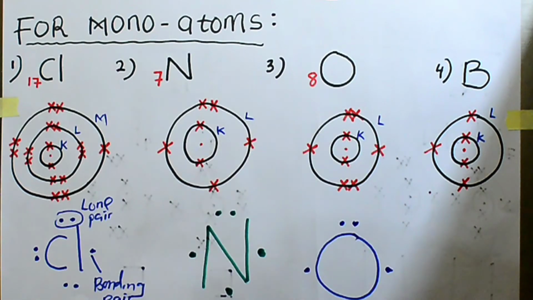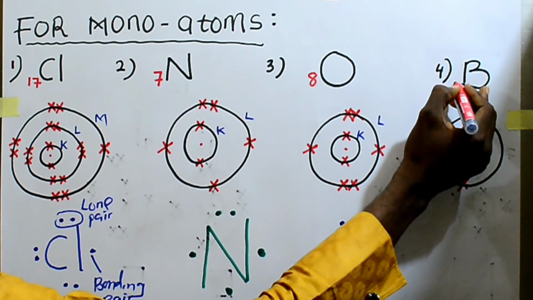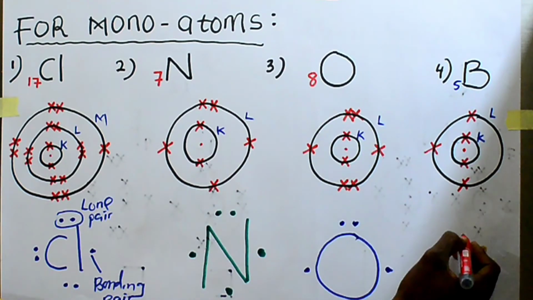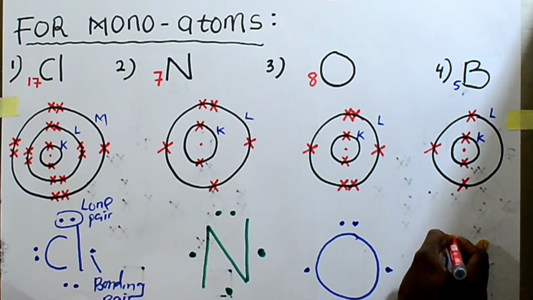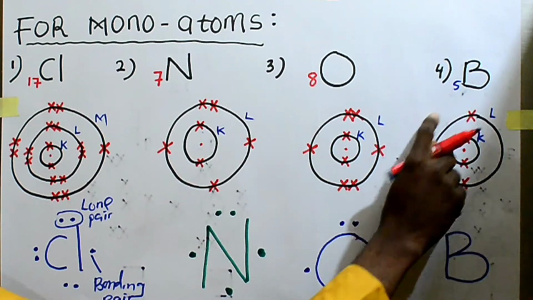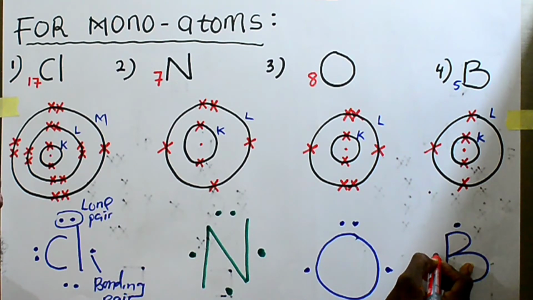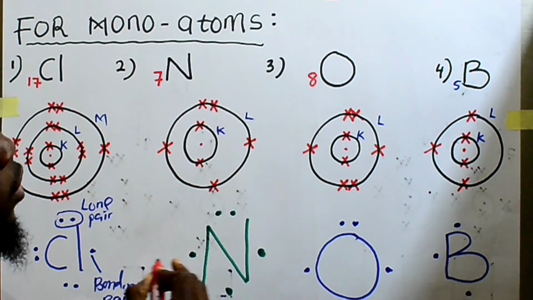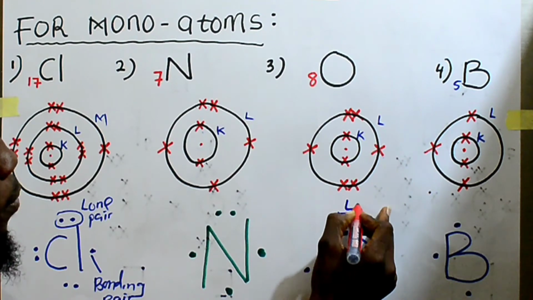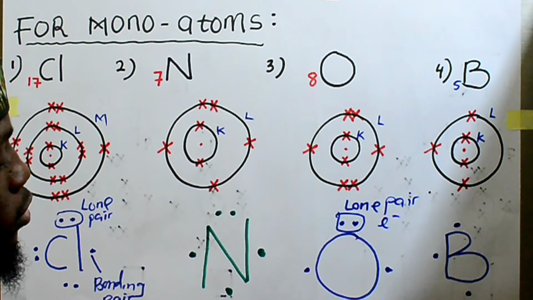Now for bromine. Bromine has 5 electrons. So now let's bring this down in order to write the Lewis dot structure of the atom. Always consider the valence shell. 1, 2, and 3. Here is a lone pair for oxygen, and it has another lone pair of electrons at the down, and these singles are the bonding electrons.